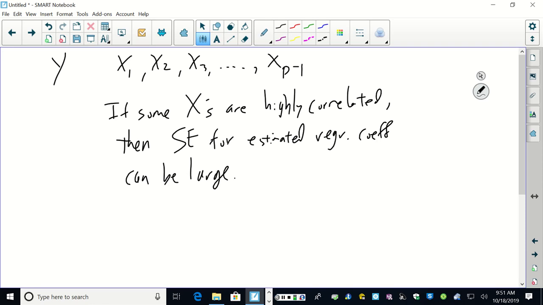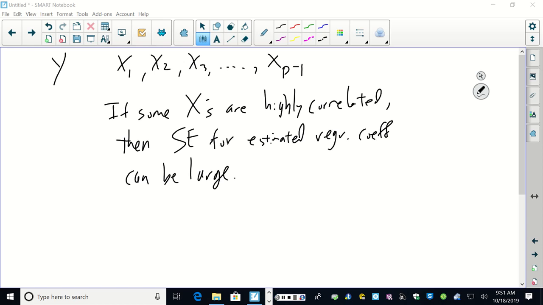The technical reason that this happens, in terms of the math and the computation of the least squares estimates, is there's some need to take the inverse of a matrix, the design matrix that sets up all the predictors. That inverse can be quite unstable. It can be nearly perfectly singular, which means not invertible.